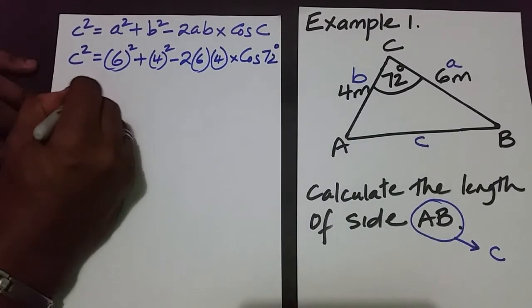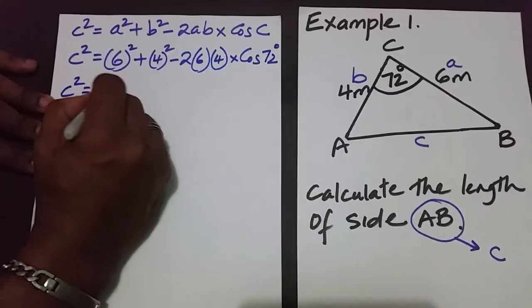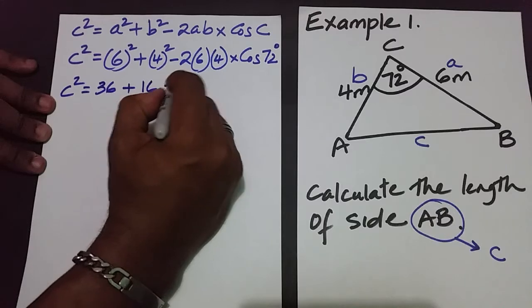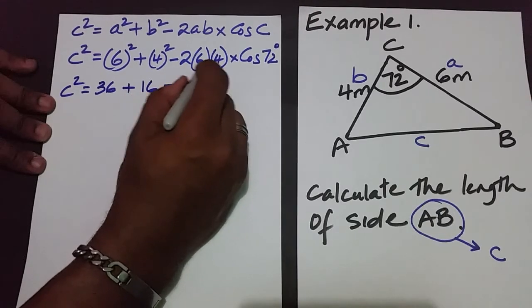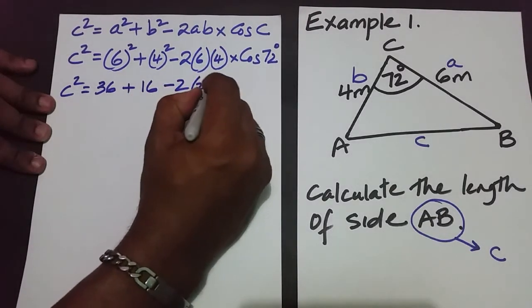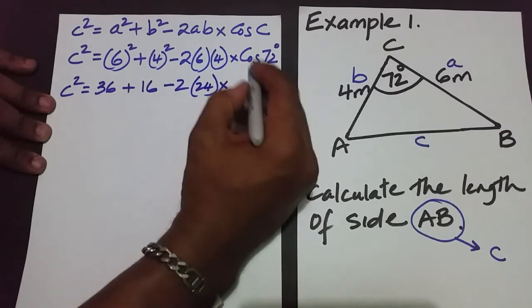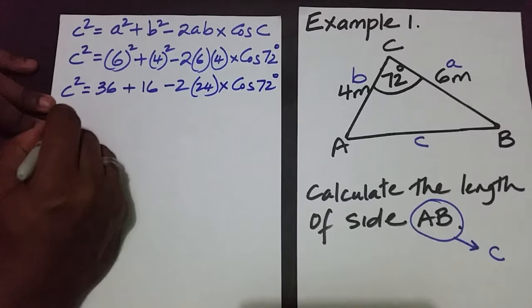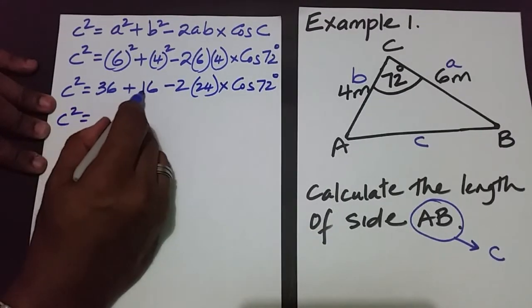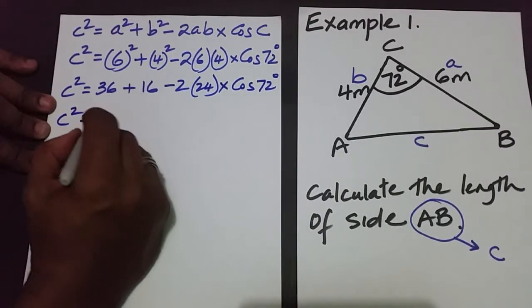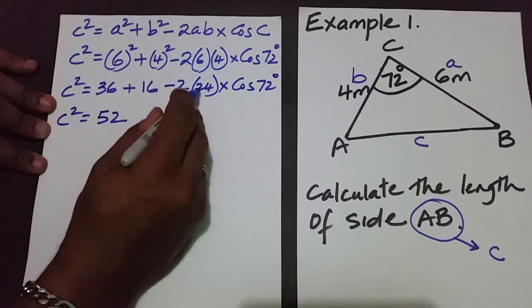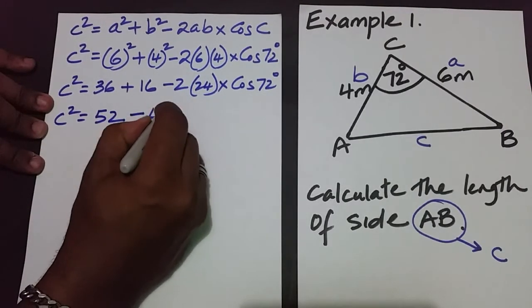So c squared is equal to 6 squared is 36, 4 squared is 16. And we're just going to multiply these two first. 6 times 4 is 24. And I'm just going to write this back for now. So this is c squared. 36 plus 16, that is 52. And minus 2 times 24 is minus 48.